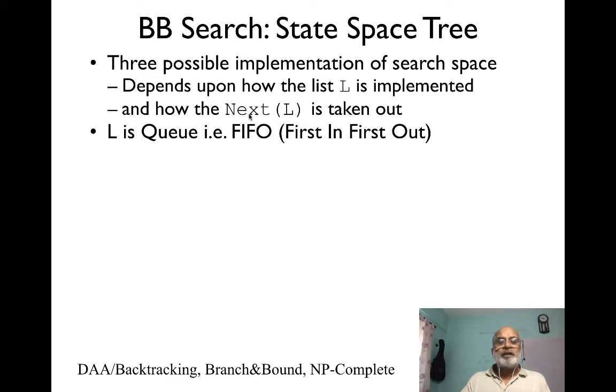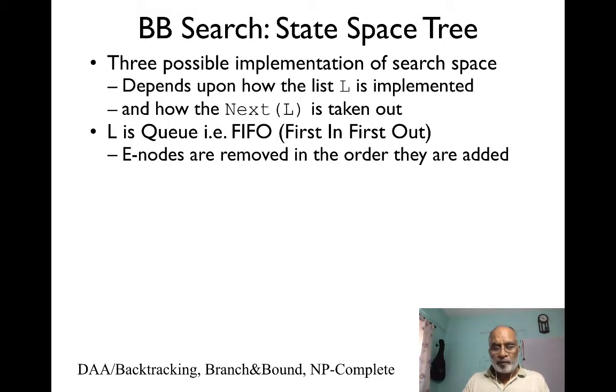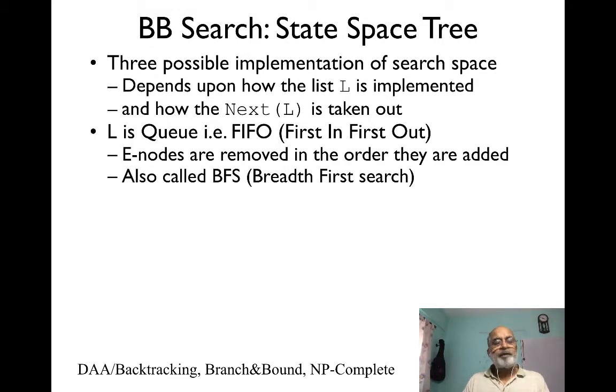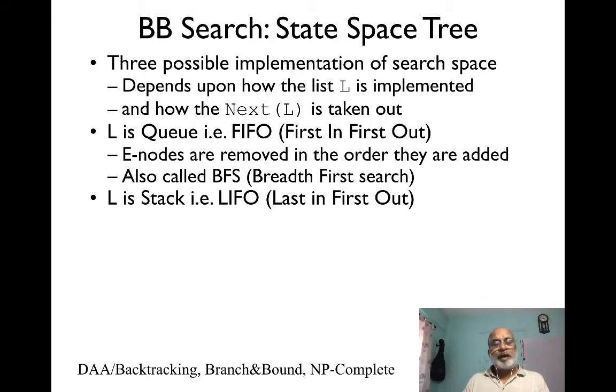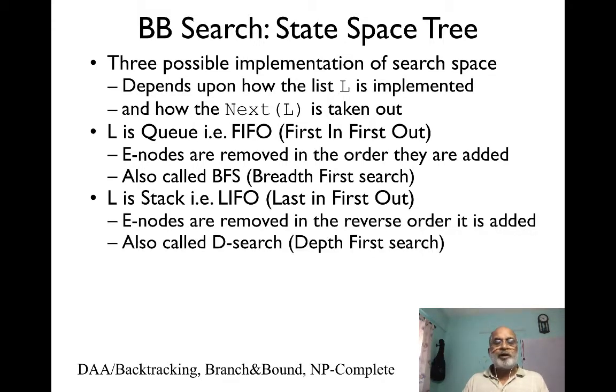The other choice is we implement it as a stack, called LIFO, last in first out. That means the last element that goes in is the first element that comes out. LIFO indicates depth first search, which is why it is also called DFS or depth first search. In contrast, when we put in a queue, it basically becomes breadth first search.